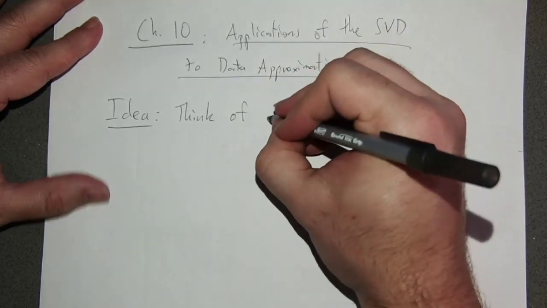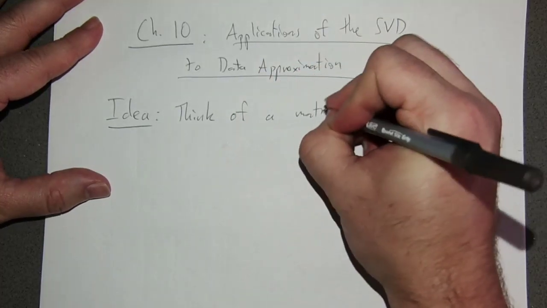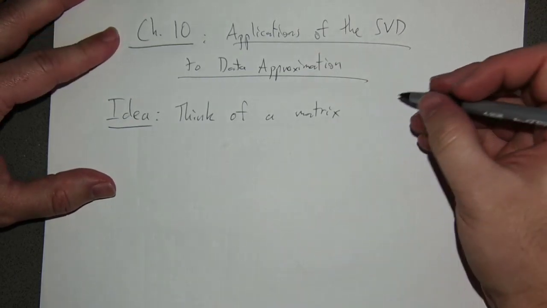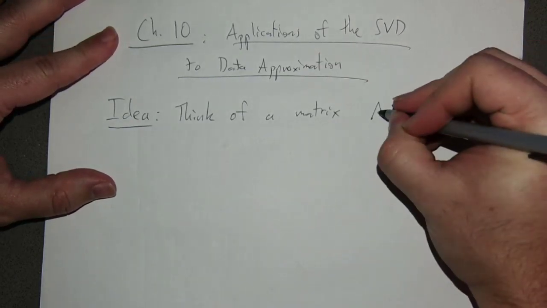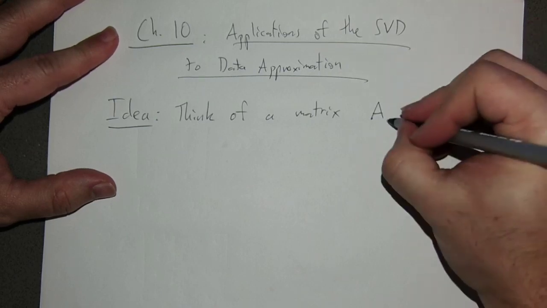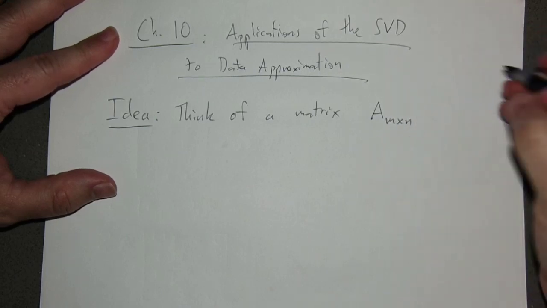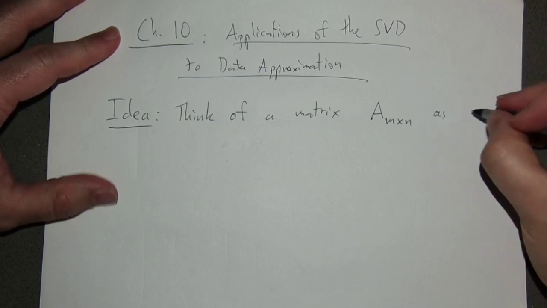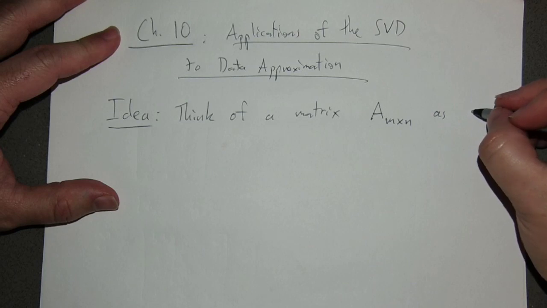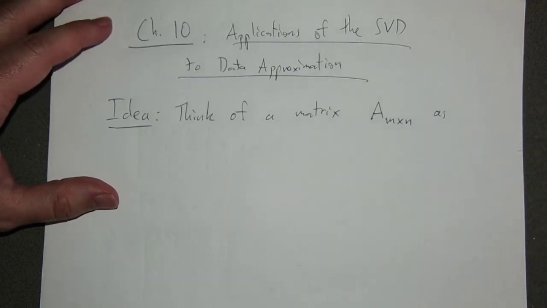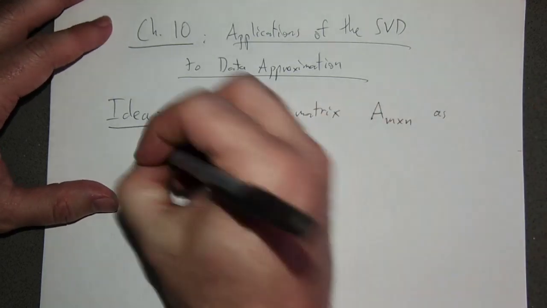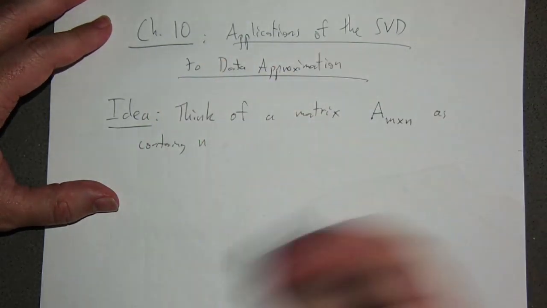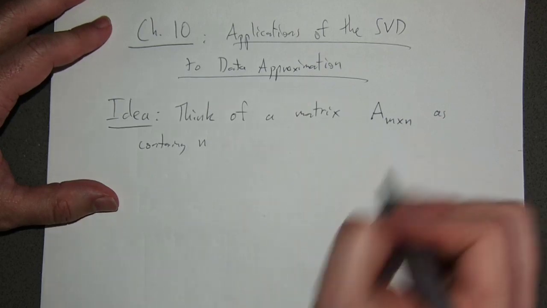Think of a matrix, let's say an m by n matrix, as really just containing some data. So think of it as containing n column vectors that we think of as points in Rm, right?